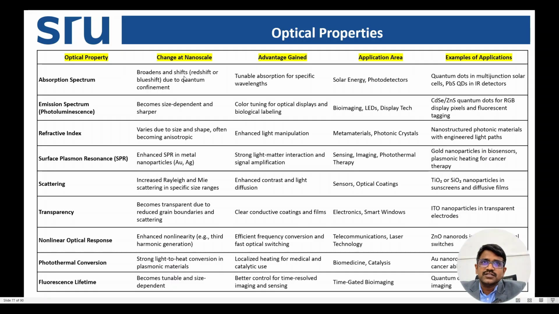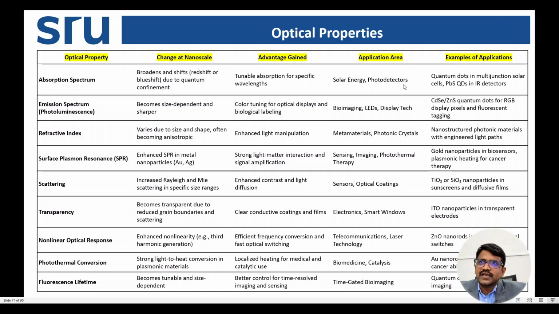Broadens and shifts. Then what is the advantage? Tunable absorption for specific wavelengths. Sometimes we need particularly blue light or particularly red light, so for that purpose also we can tune the wavelength. So what are the applications?